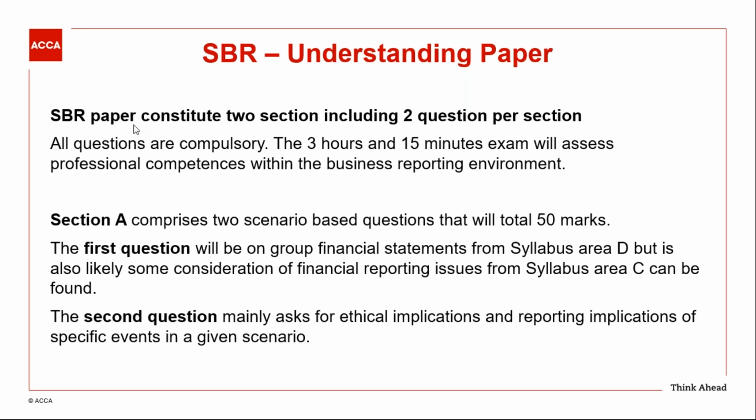So in this case, you're not supposed to just provide a consolidated balance sheet or income statement just like F7. In this case, you might be looking into multiple subsidiaries. Along with this, you can be tested by the examiner on consolidated cash flows. That's another area that was added in SBR, which was not present in the F7 syllabus.